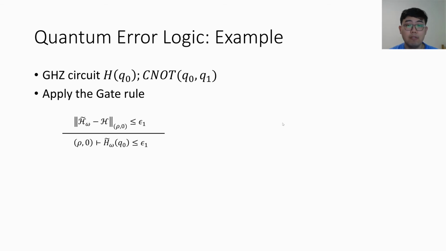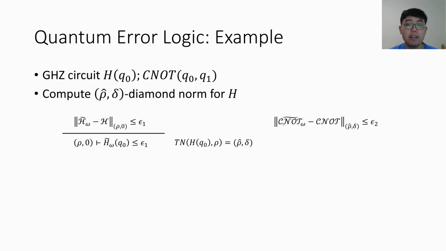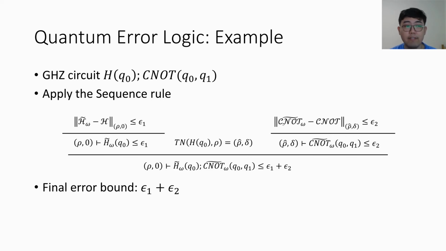Then we run the Tensor Network approximator and get rho hat delta, which is the approximation of the quantum state after executing the H gate. Then we compute the rho hat delta diamond norm for the CNOT gate and apply the gate rule. Finally, we can apply the sequence rule to get the final error bound.